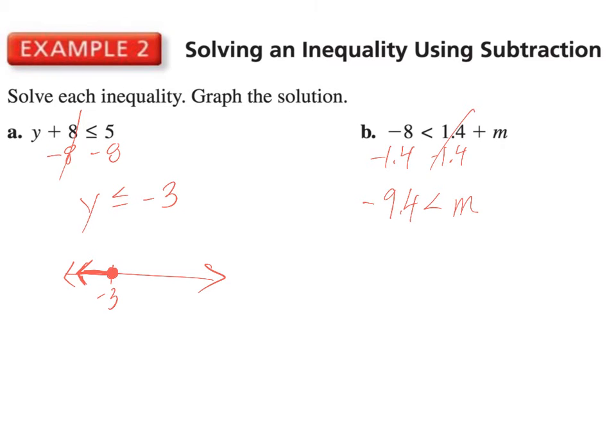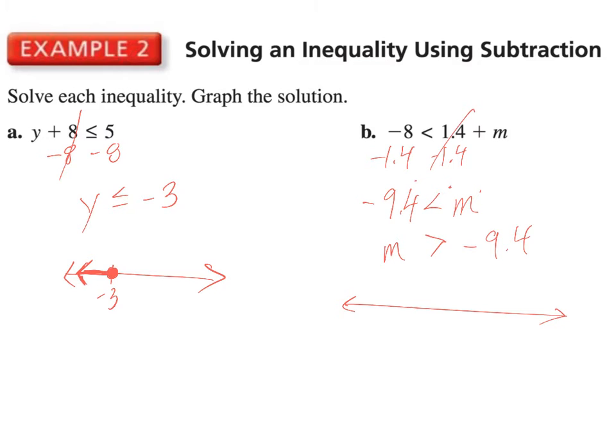You could read this from right to left: m is greater than negative 9.4. I prefer to have the variable on the left side to prevent confusion. So here's m, here's negative 9.4. And whenever you're switching the variable at the very end over to the other side, make sure to switch the inequality sign.